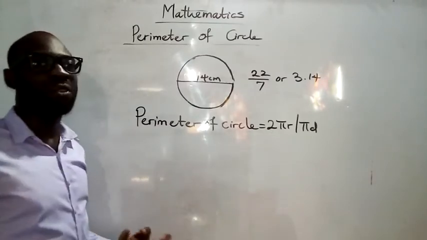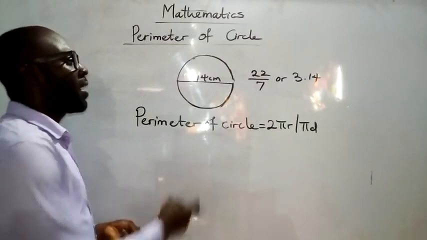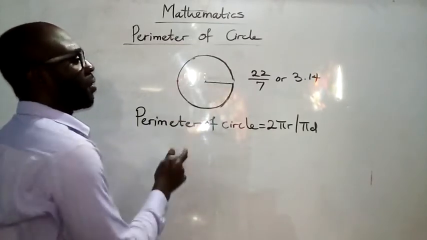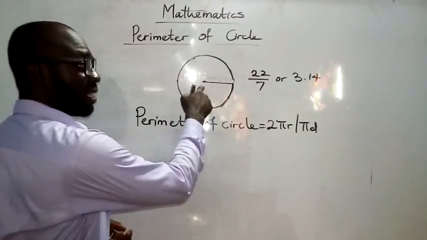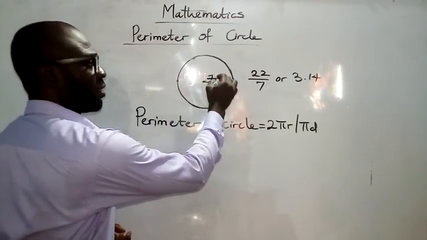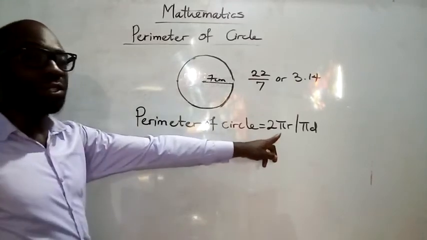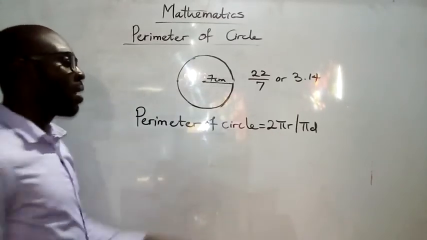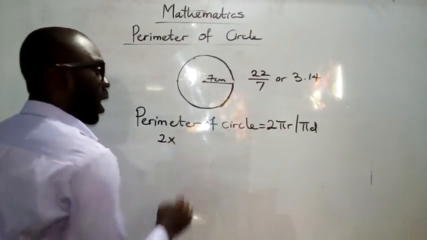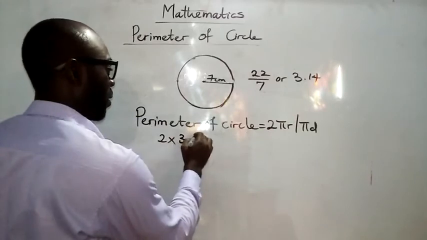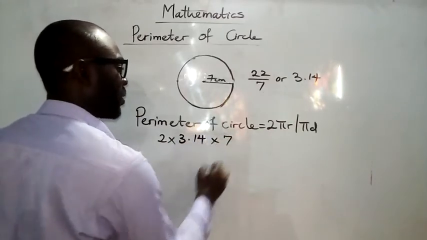So let's return back to the first example that says, find the perimeter of a circle given to us that the radius from the center to the boundary is 7 centimeters. Which means we are going to return back using 2 pi r. And we have 2, our pi this time around is going to be 3.14, multiplied by 7.